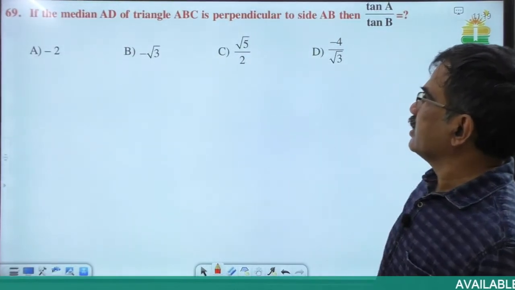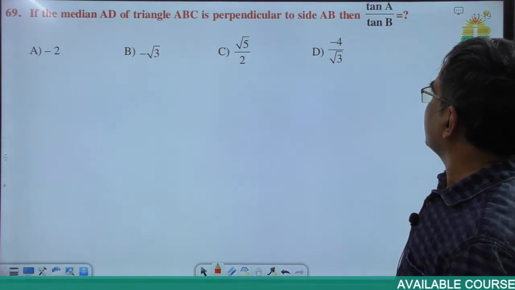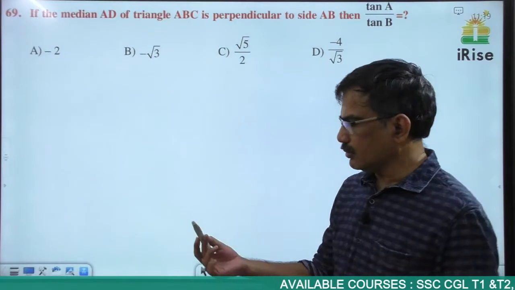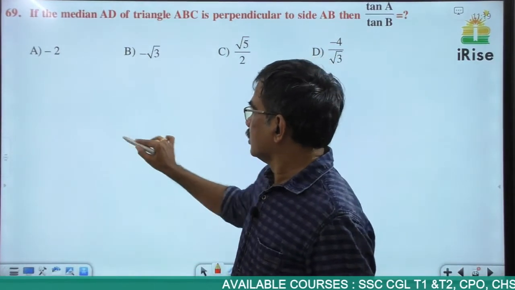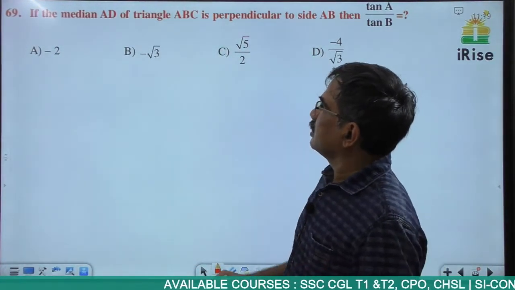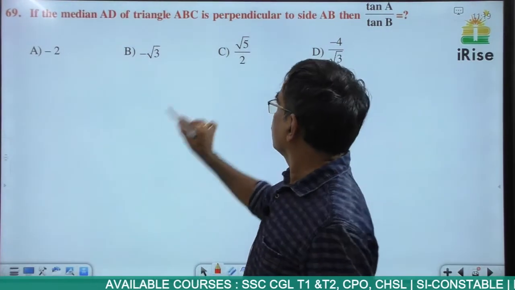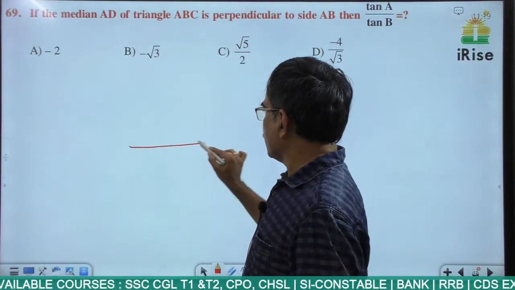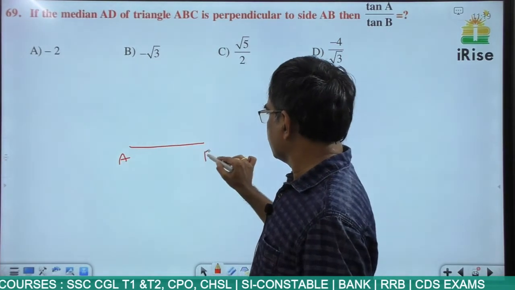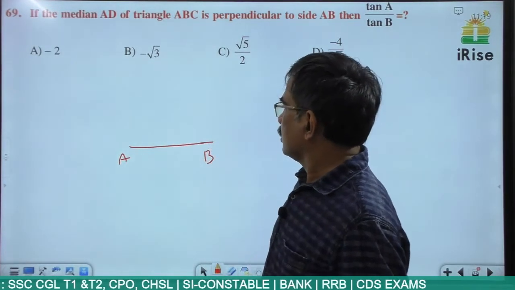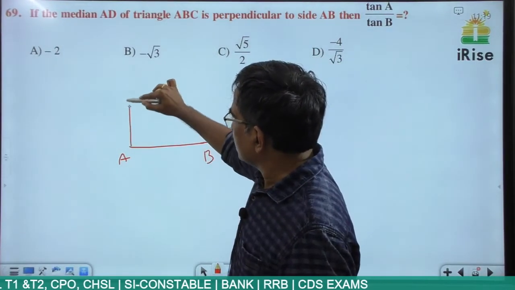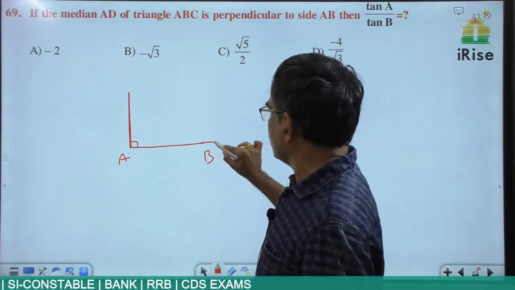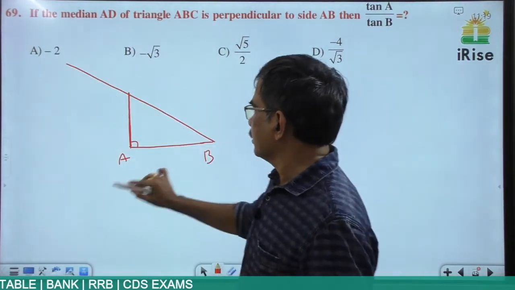If the median AD of triangle ABC is perpendicular to the side AB, then what is tan A by tan B? Here, the median AD of triangle ABC is perpendicular to the side AB. I want to consider the side as AB. This median is perpendicular to AB, which means it is an obtuse angle triangle like this.